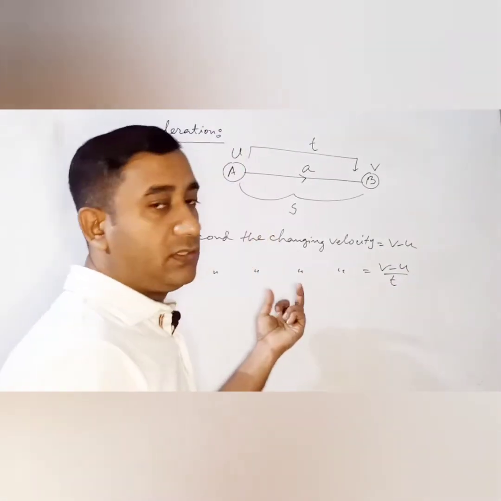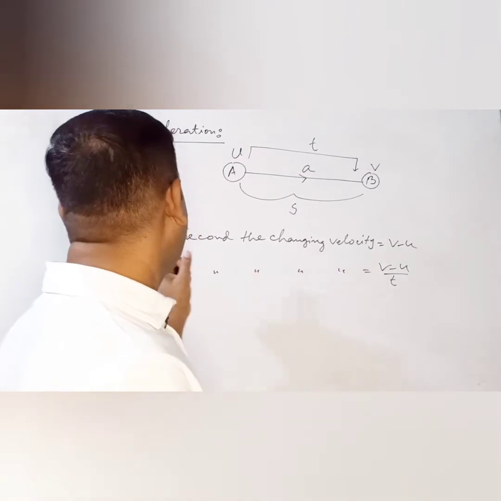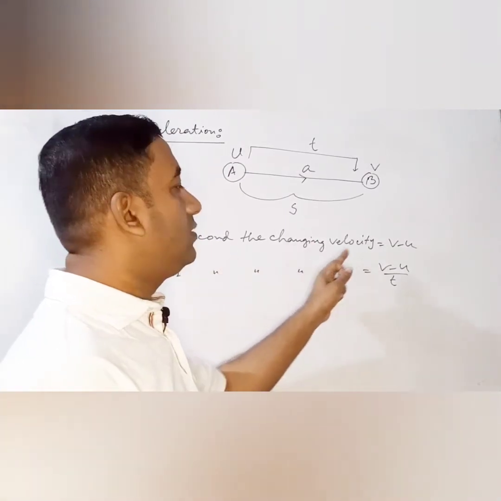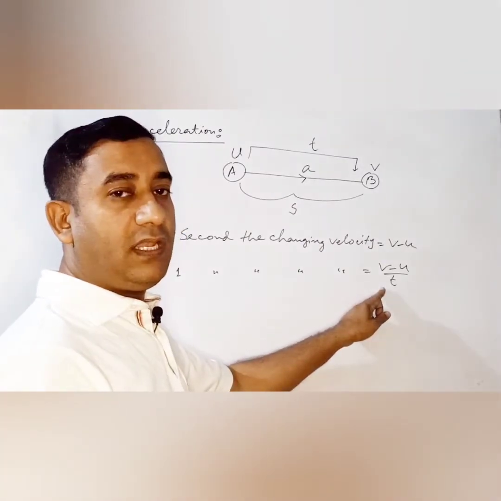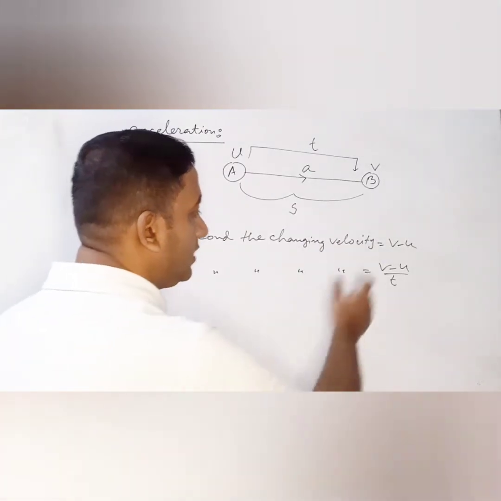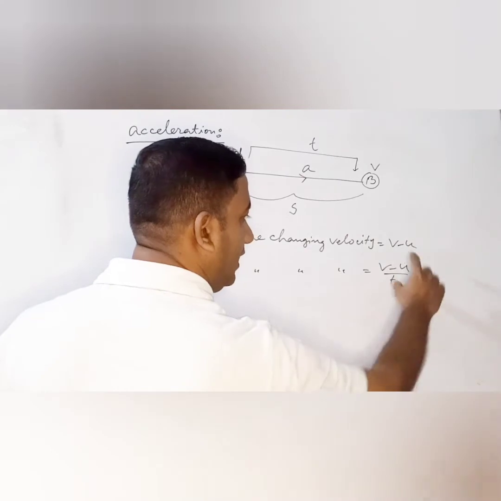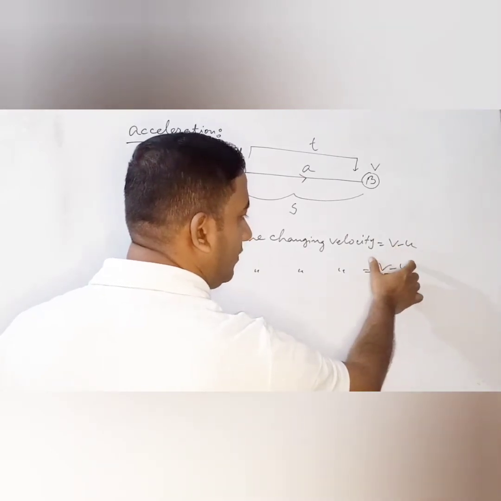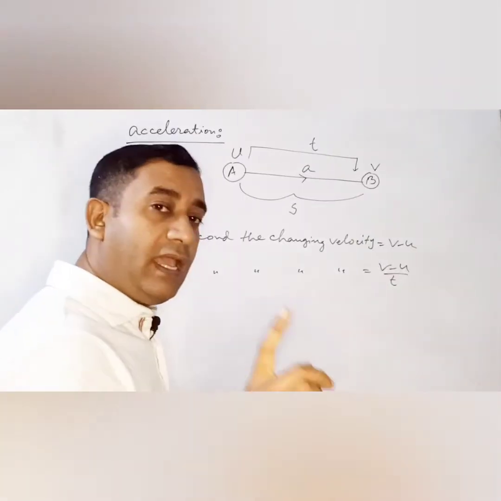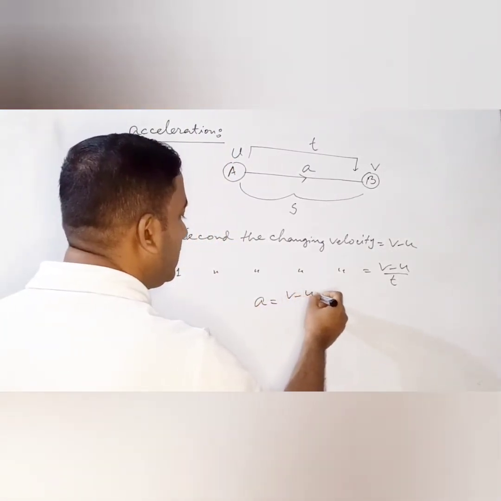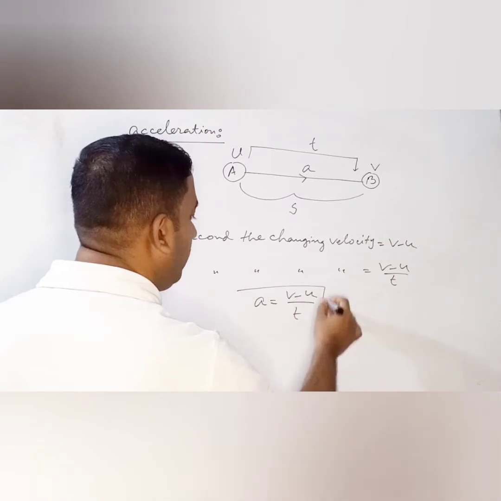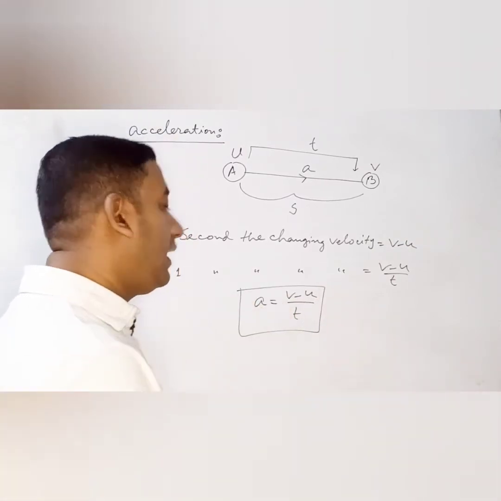In the unitary method, you can think that at t seconds, the changing velocity equals v minus u, so in 1 second it will be v minus u by t. The changing velocity per second is a ratio, and it is called acceleration. That is why a equals v minus u by t. This is the formula for finding acceleration.